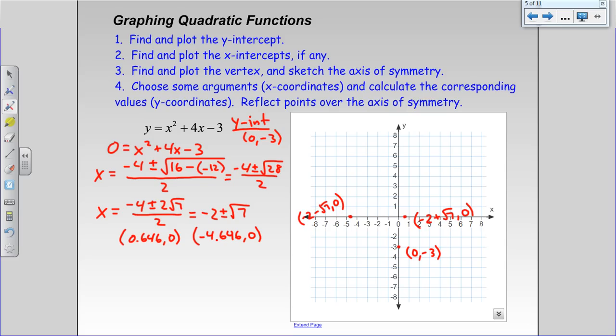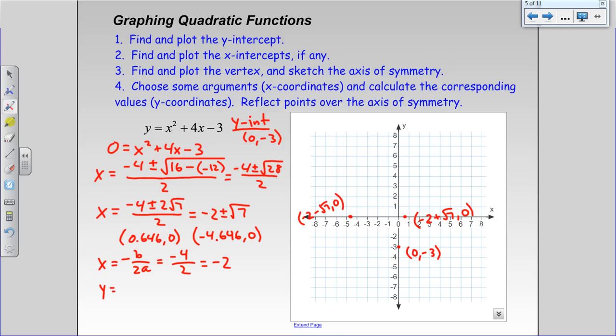Remember that the formulas we learned for the x and y coordinates of the vertex can be applied to any parabola. So the x coordinate of our vertex is negative b over 2a. In this case, that gives the result negative 4 over 2, or negative 2 for the x coordinate of our vertex.